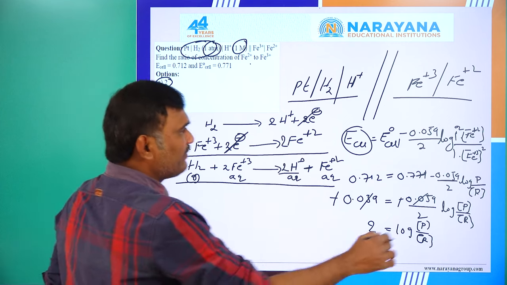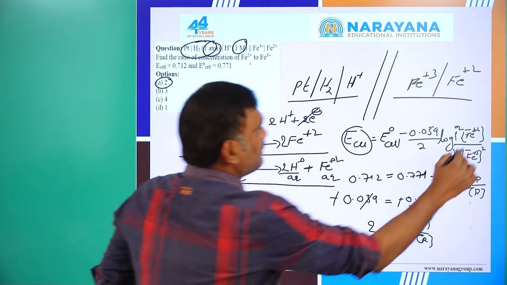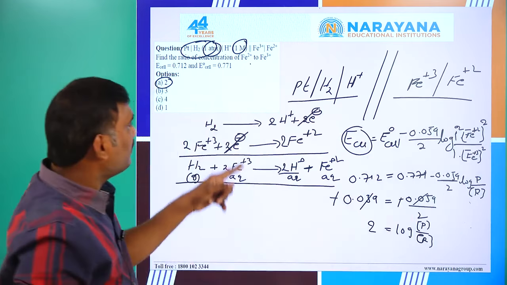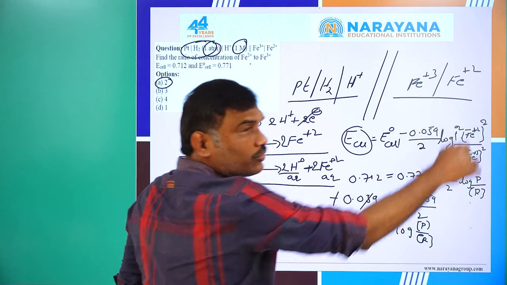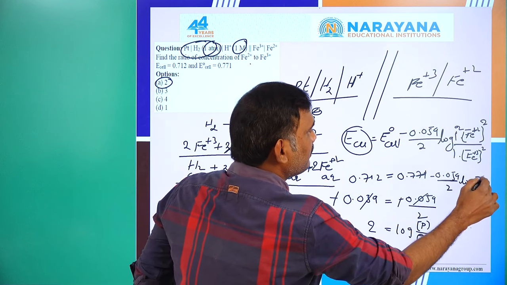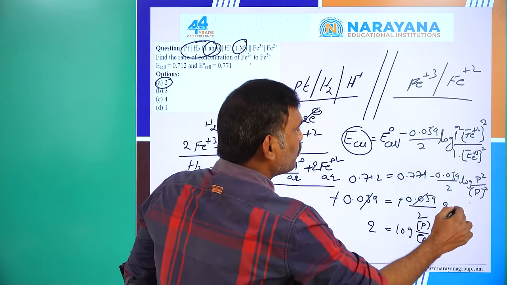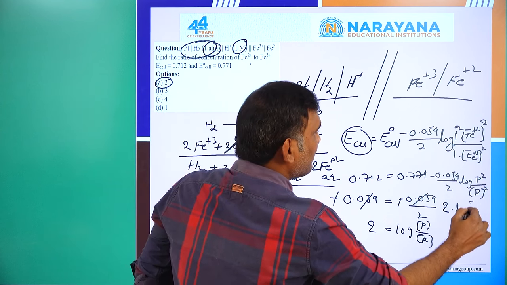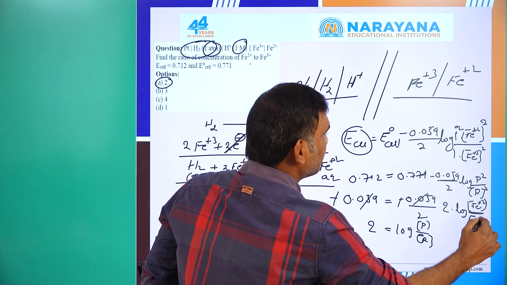Here is 2 Fe +3 and 2 Fe +2. On the squaring, that is 2 log we have to write here, that is Fe +2 by Fe +3, that is 2 log of Fe +2 concentration by Fe +3 concentration.